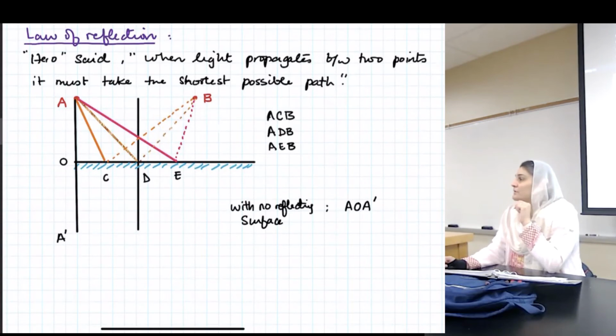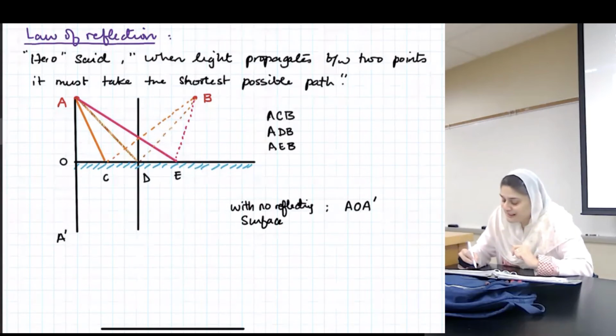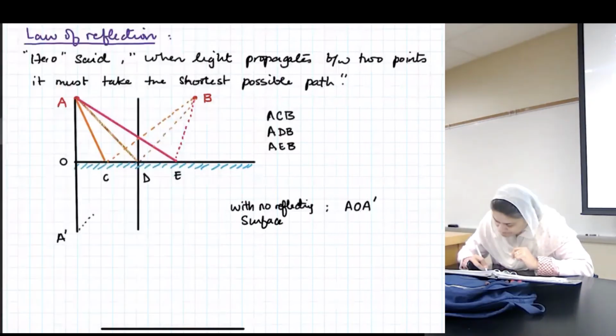We also know from geometry, what is the shortest distance between 2 points? A straight line. So then, if the source was at A prime and it wanted to get to B, what path will it take? A straight line. Will that path look like this?